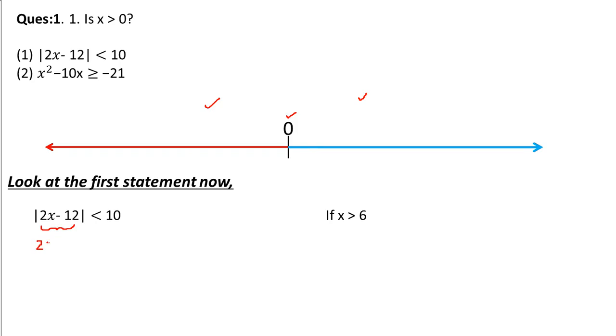So, the inequality would be 2x minus 12 is less than 10, or 2x is less than 22, or x is less than 11. So, I have 11 somewhere here, and it also says that x is greater than 6. So x is 6 here. So I know that x lies between these regions, that is the total blue area.